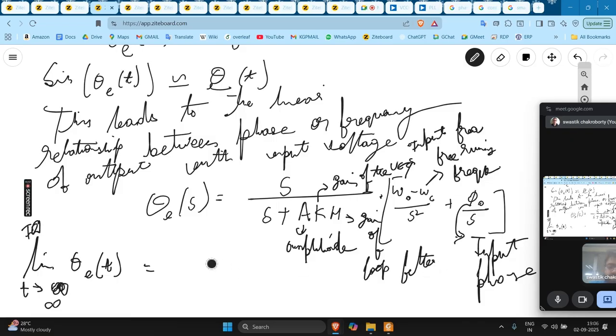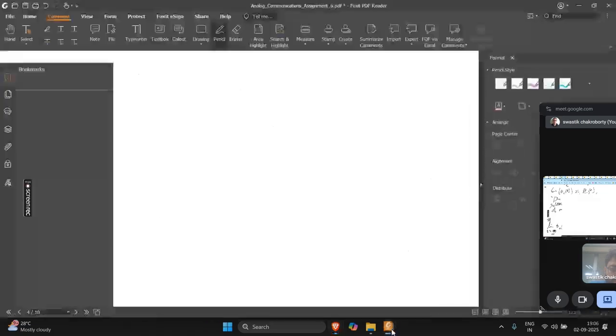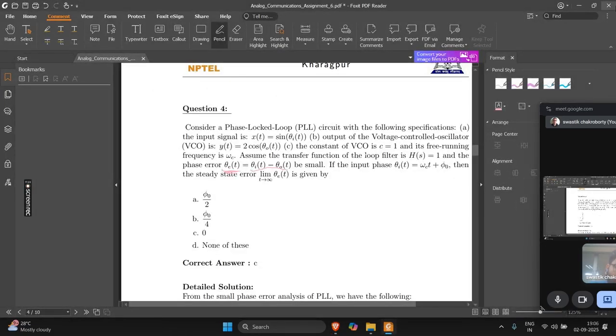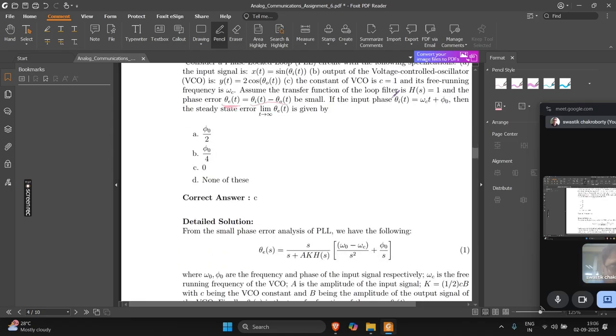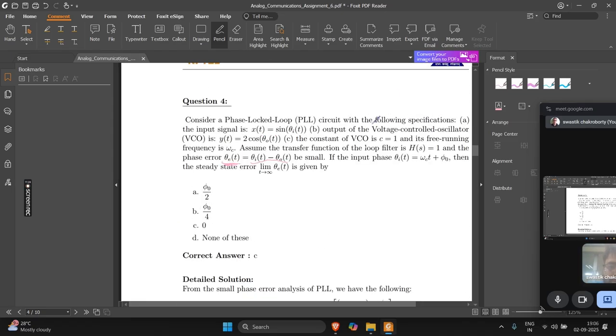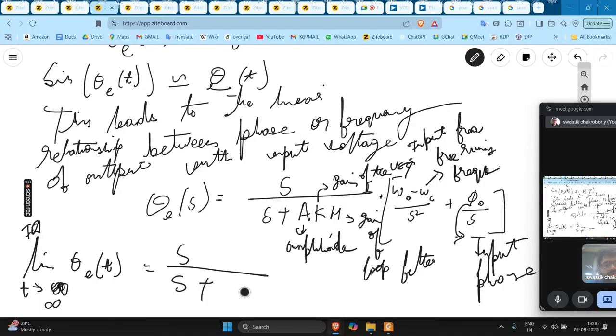So the gain of the loop filter is given to be 1, and the amplitude is given to be 1, and K, which is the gain of the VCO, is half into C into the amplitude of the output.